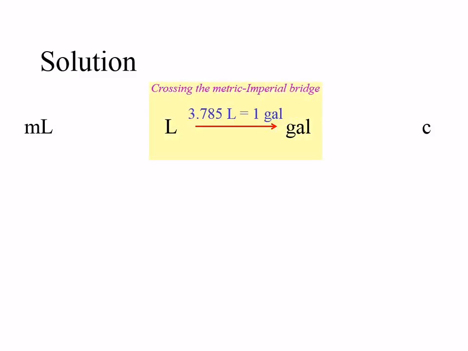So this here in the yellow, you don't have to memorize. We kind of have a strategy here: milliliters to liters, liters to gallons, gallons to cups. Kind of smack dab in the middle, our gallons to liters. That's called crossing the empirical bridge. It's simply where we're going from, in this case, metric to English. You don't have to memorize that.